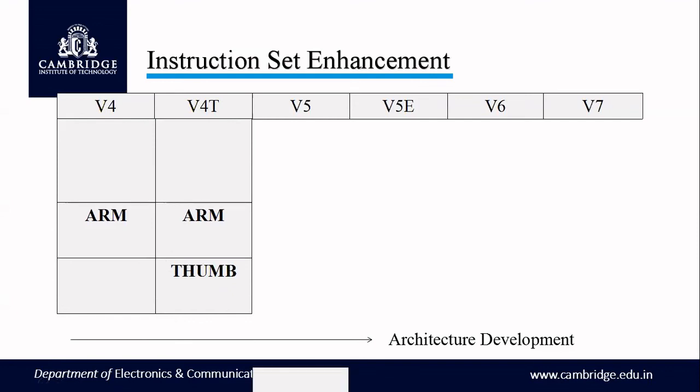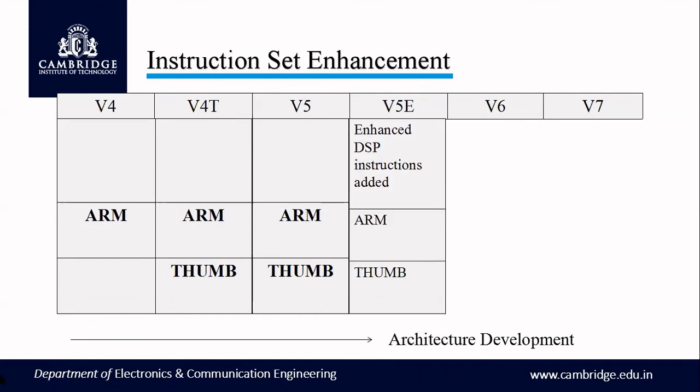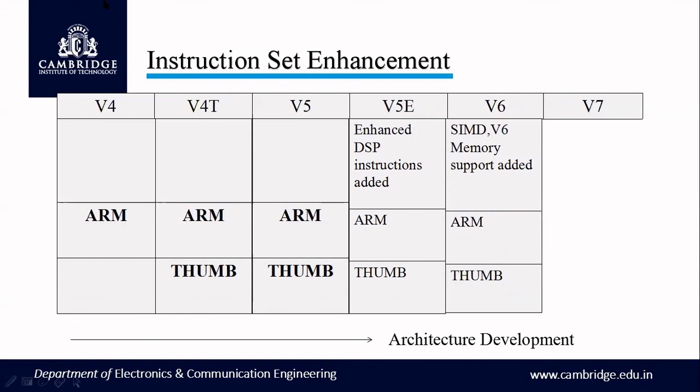In V5, they had both ARM and thumb. Along with it, they tried to enhance their instructions by adding DSP instructions. So when I say E, it means enhanced DSP instructions being added. In version 6, again you had ARM and thumb, along with this, they started changing the architectural modeling, like they started using SIMD, single instruction multiple data, and they even provided better memory support.